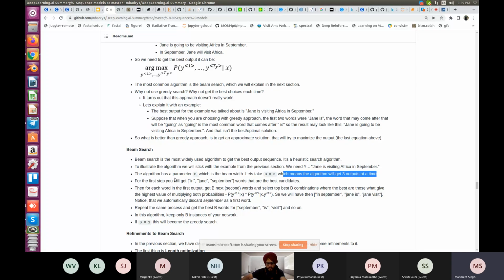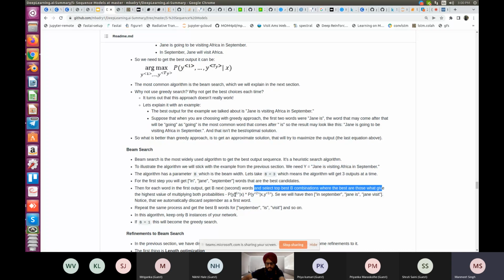For the first step, you will get in, Jane, and September. These are the 3 outputs that the model has given. Then for each word in the first output, get B next words, so at least 3 next words, and select the top B combinations, where the best are those that give the highest value of multiplying both the probabilities.